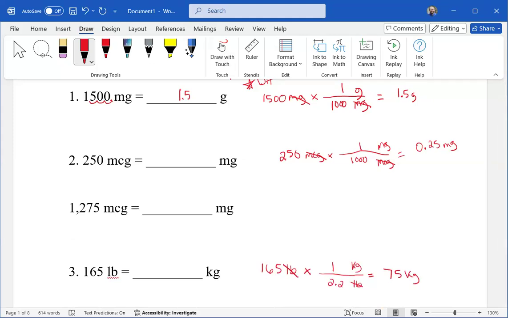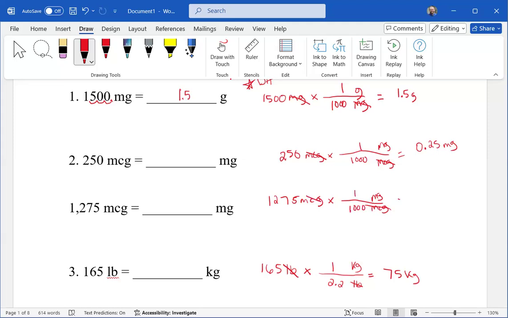So you have 1,275 micrograms, and we are going to convert micrograms to milligrams. And we can do that easily because we know that 1 milligram is equal to 1,000 micrograms.